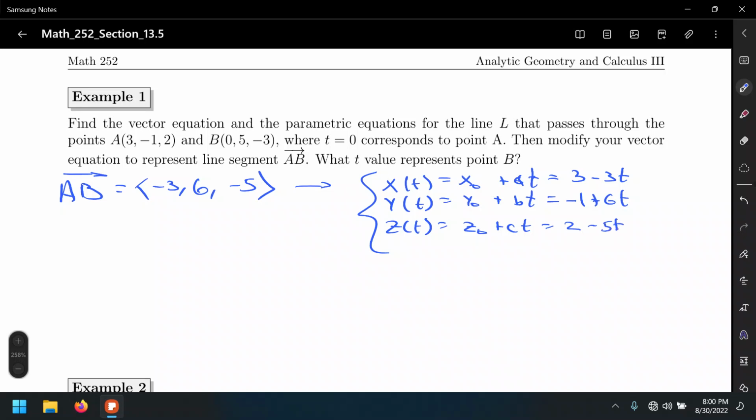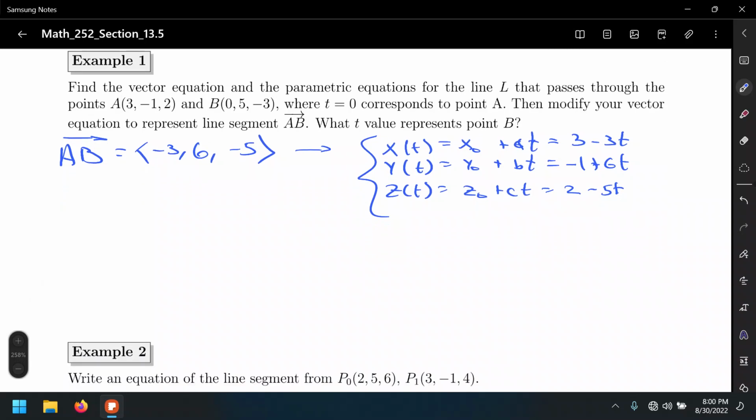All right, so the numbers that multiply the variable t are the components of the vector, and the constants, the free constants here, or the constant terms, are the coordinates of the initial point. Okay, what else are they asking us to do? Okay, number 1, let's write it in this case as a vector valued function.